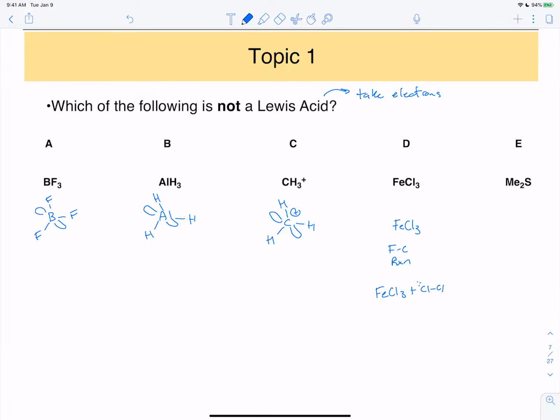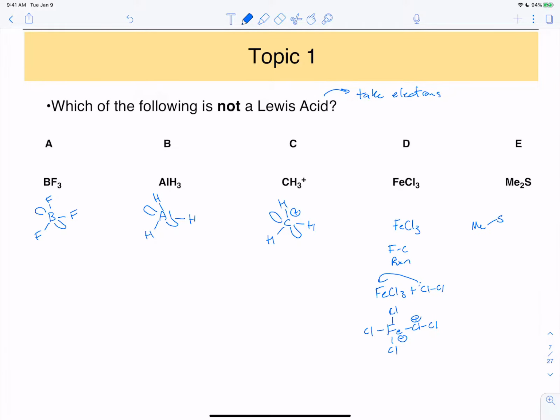In the process, iron actually takes the electrons from chlorine to make the activated iron trichloride complex, where we end up making chlorine even more electrophilic. So this is a case where probably the easiest way to identify this is to think about where we have seen this reagent and how was it used.